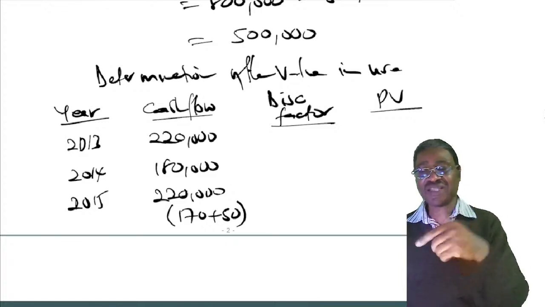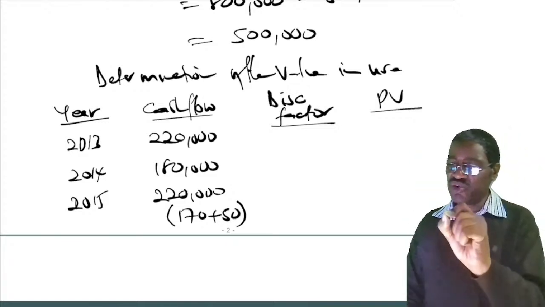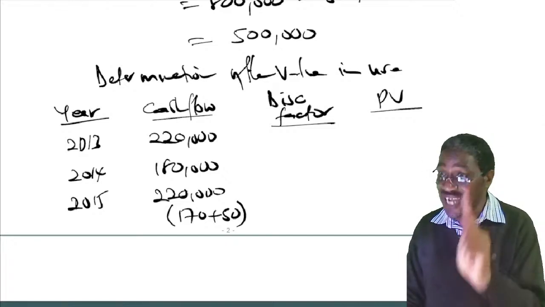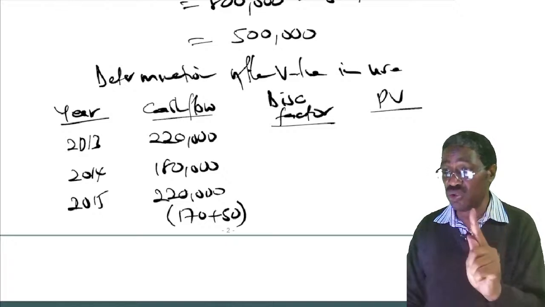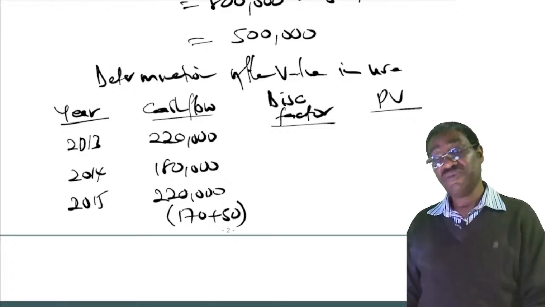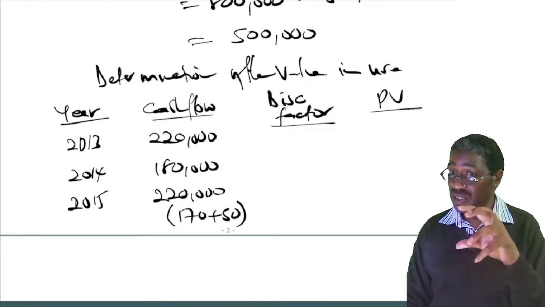At the time of disposal, the machine is expected to be sold for its realizable value. That's the key point there. Good. That was the trick in the last year.